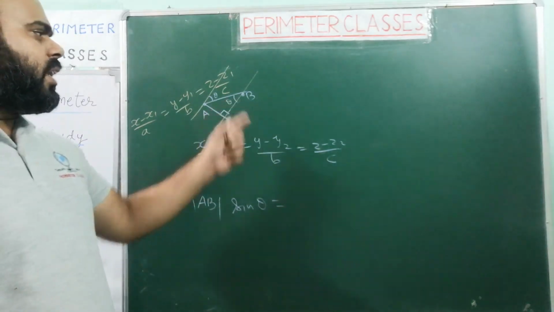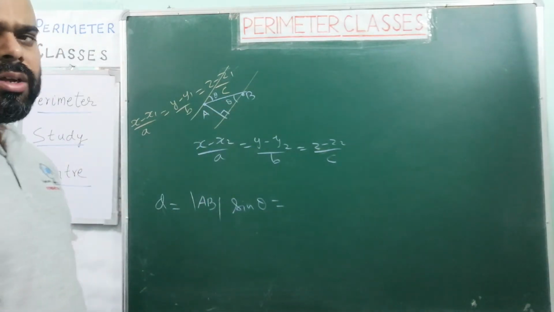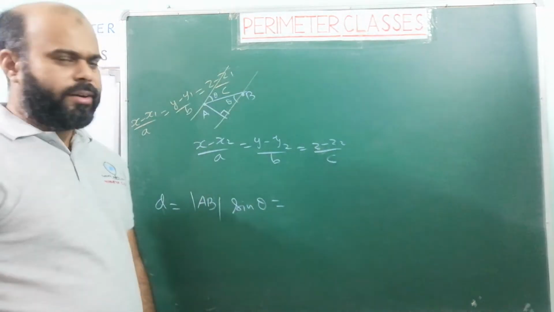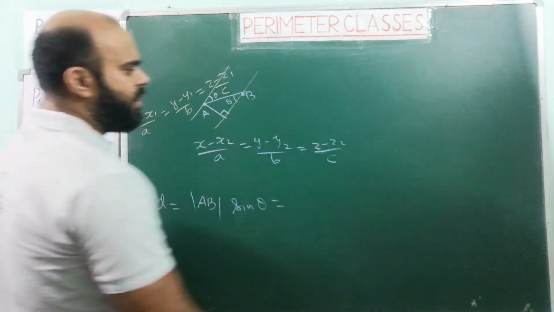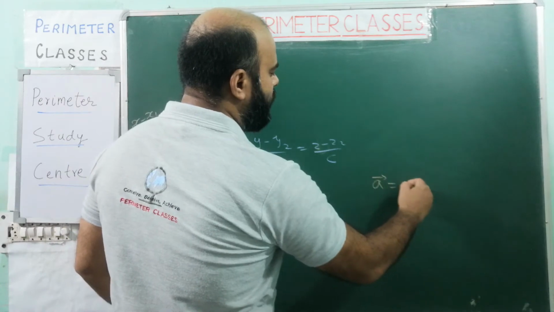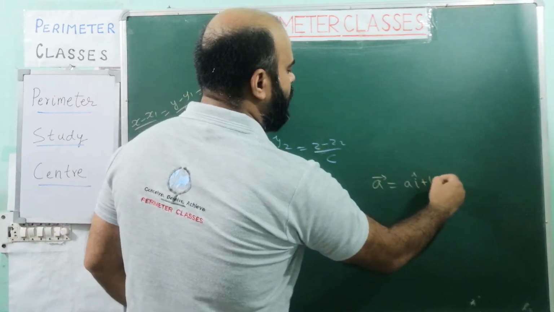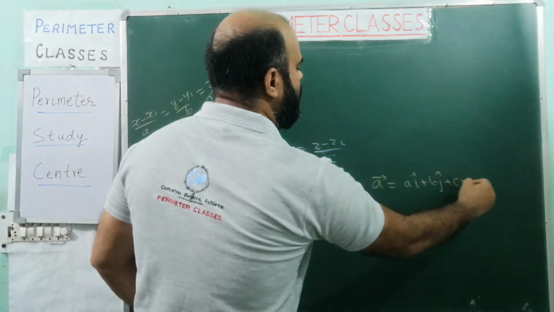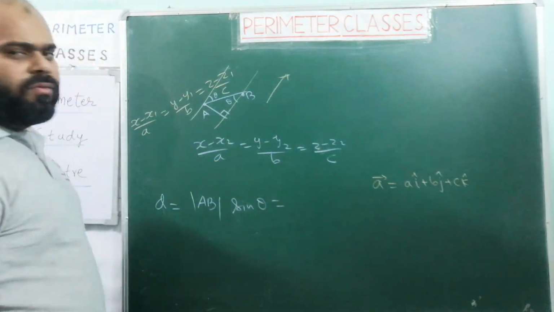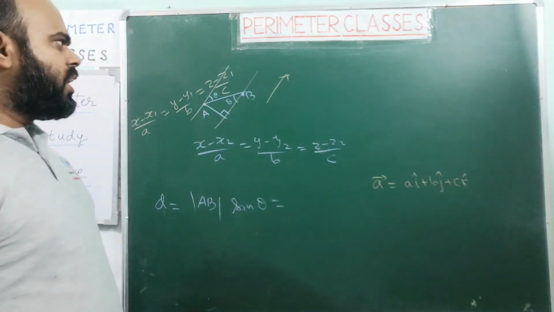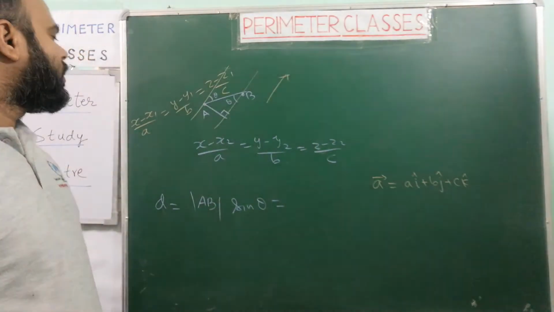Now in order to find sine theta, we use the cross product of two vectors. One vector is the vector A, which is A i cap plus B j cap plus C k cap. That is the vector which is along the line, any one of the lines, as both are parallel.